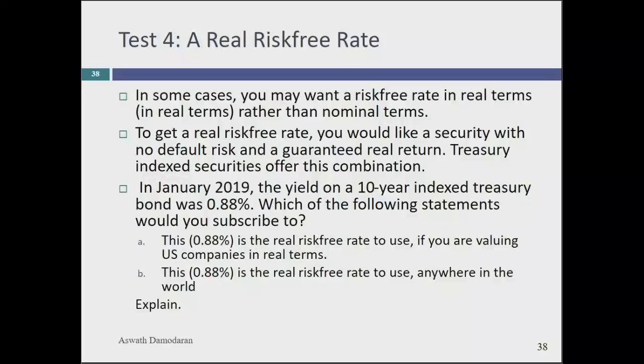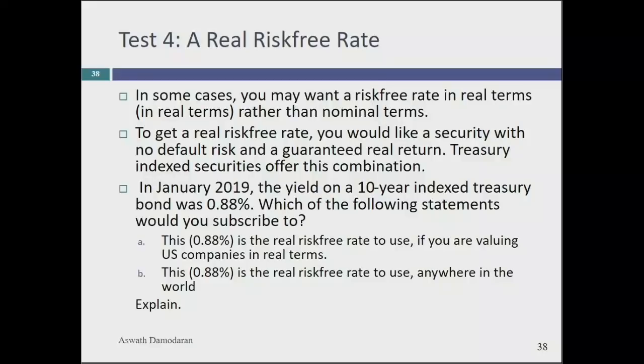So here's my question. Make my life very easy. If I could take the 0.8%, or 0.88%, that I have in the US, that I got from the TIPS market, and use it as my real risk-free rate wherever I am in the world, it would make my life easy. And there is actually a set of conditions where that's going to be okay. Step back. Let's go back to the Econ 101 class.